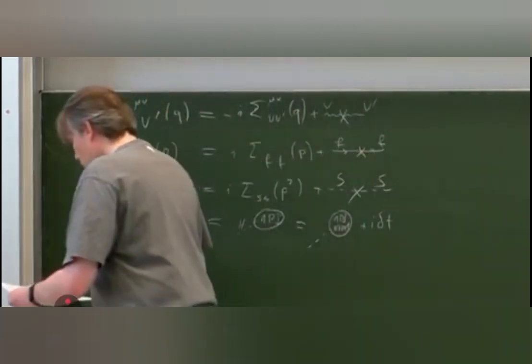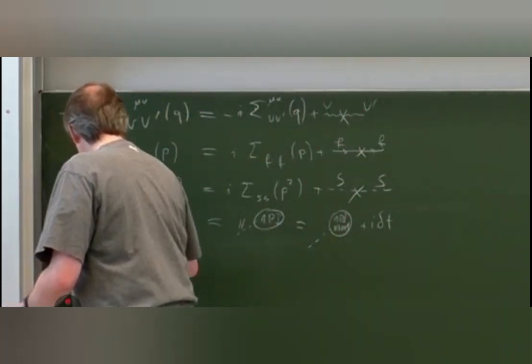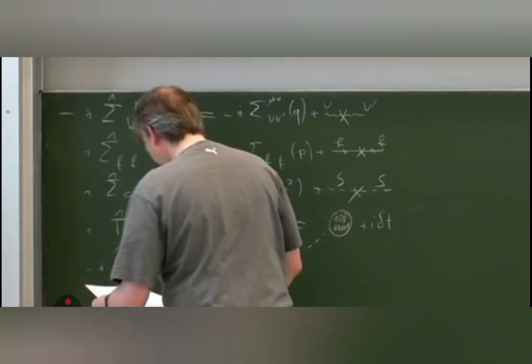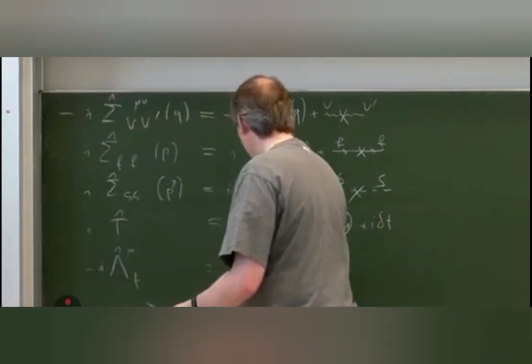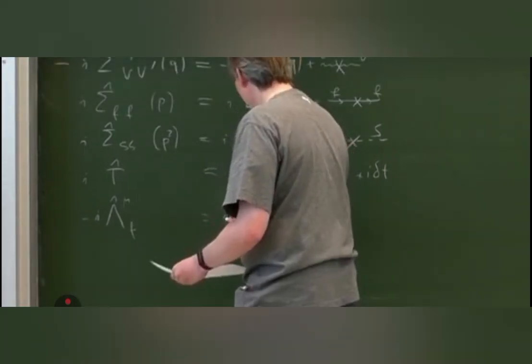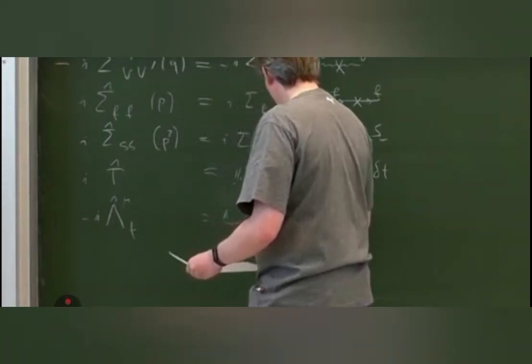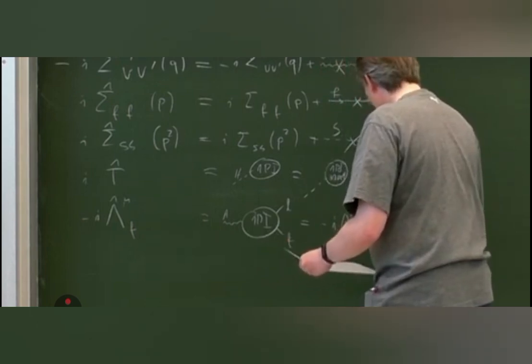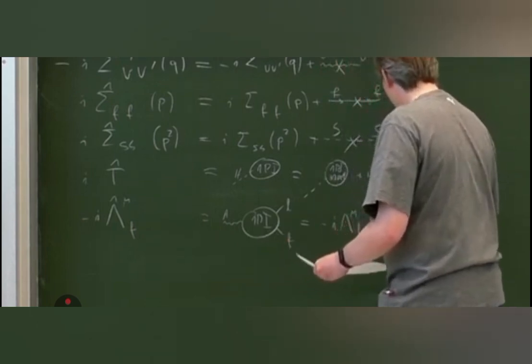And finally, minus i times lambda hat, the 3-point function for a fermion, is defined like in QED as the one-particle irreducible photon-fermion-fermion 3-point function. It is the unrenormalized version lambda hat f plus the counter term Feynman rule that we have written down before.